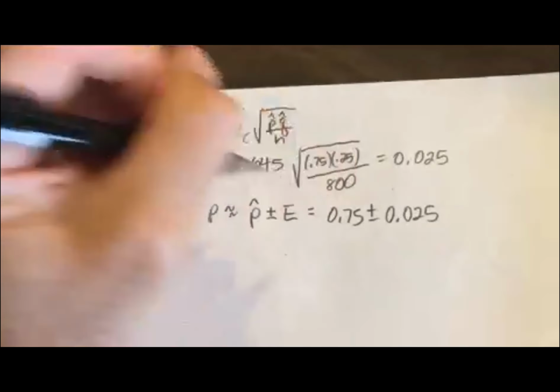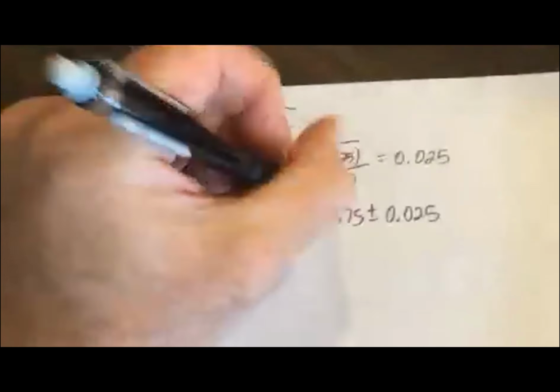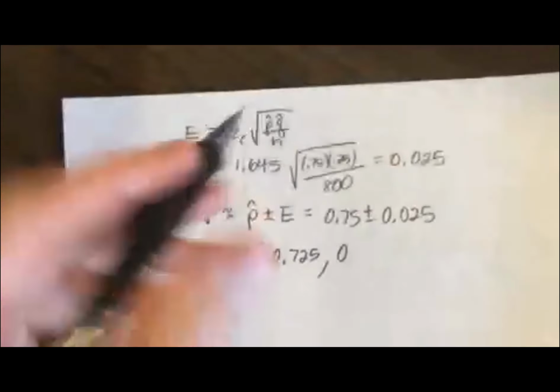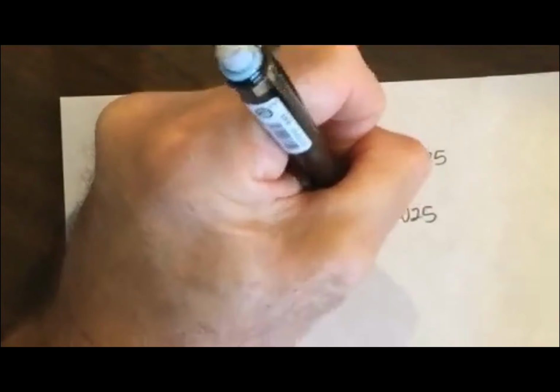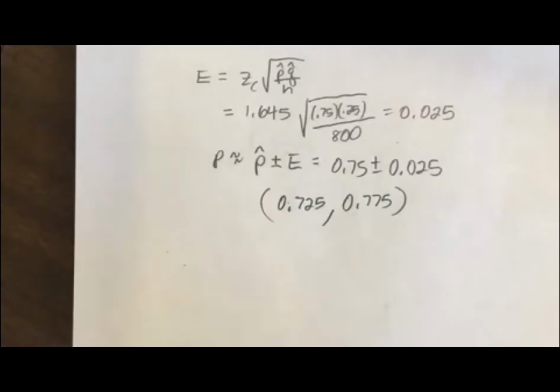If you want to write this as a confidence interval, then we take 0.75 minus 0.025, and we would get 0.725, and it would go up, adding 2.5%, to 0.775. So based on our sample, we can be 90% confident that the true population proportion falls between 72.5% and 77.5%.